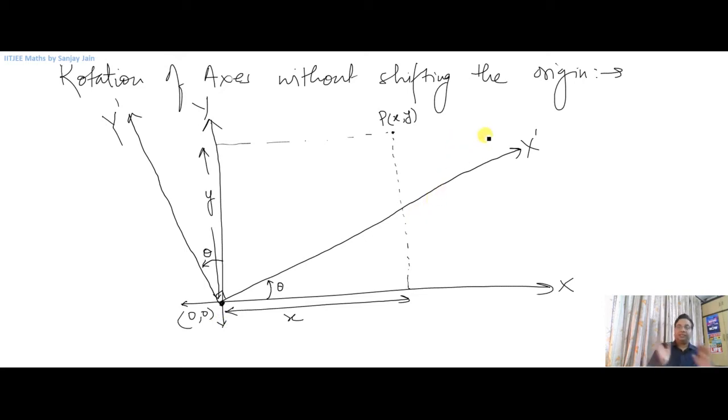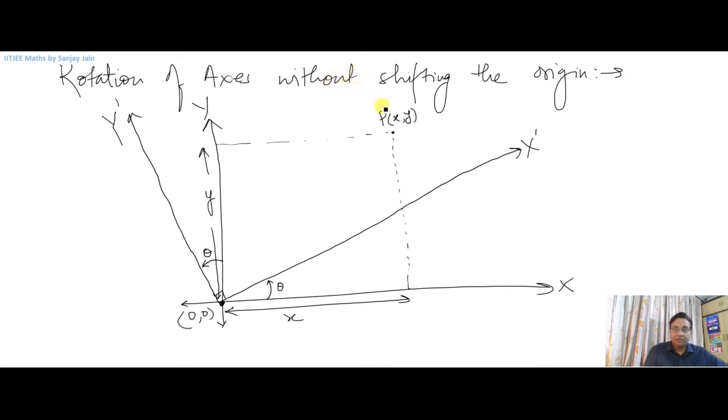So keep this in mind that you are free to choose where you take your x-axis, but then you cannot choose your y-axis because y-axis will be at right angle and in anti-clockwise sense, right? So x-axis, if you are taking at x dash, then the y-axis is already fixed that it will go to y dash.